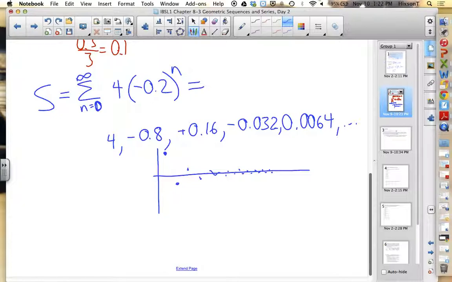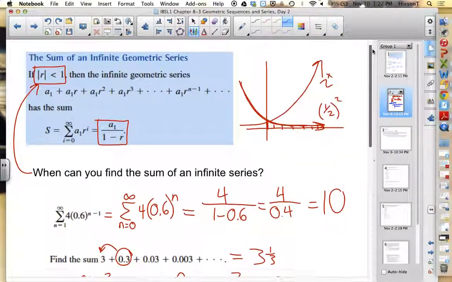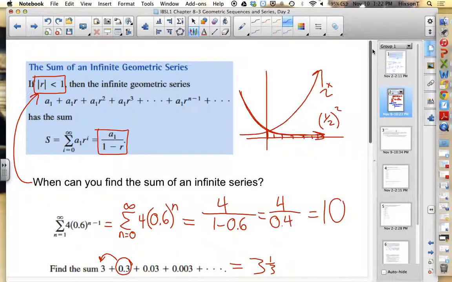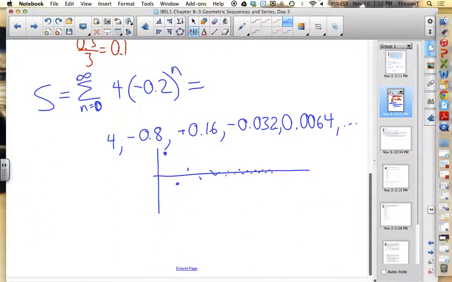But like the n equals 0 is the first term. I'd say n should be 1, then it's the first term, I think. Yeah, and i equals 0 then.